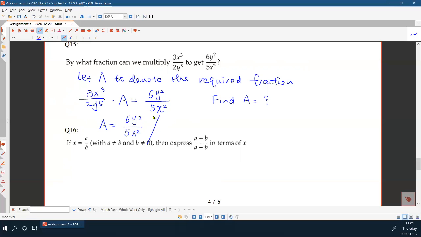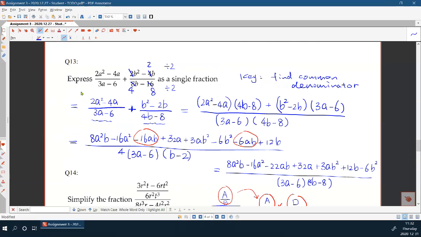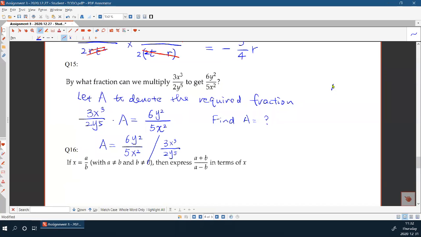If we divide both sides of the equation by this term, you can find A. Here we use the same knowledge as in question 14: A over B divided by C over D, you can transform the division to a multiplication, which is A over B times the reciprocal, D over C.